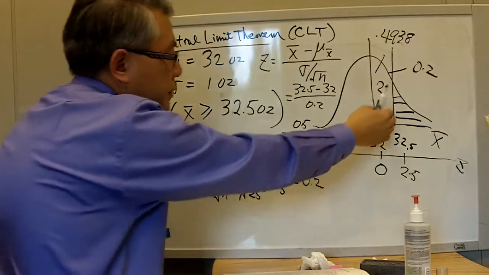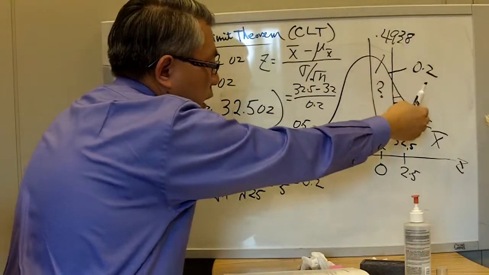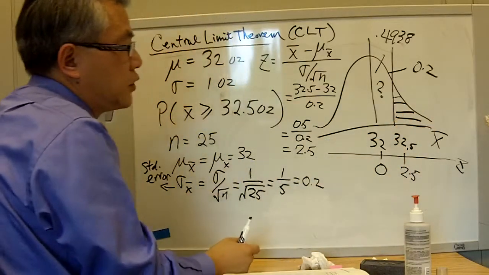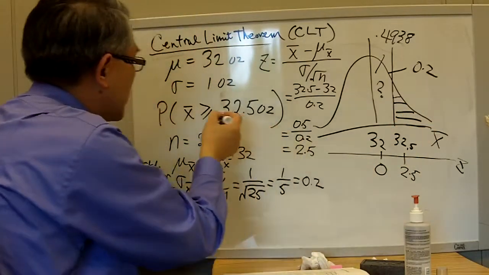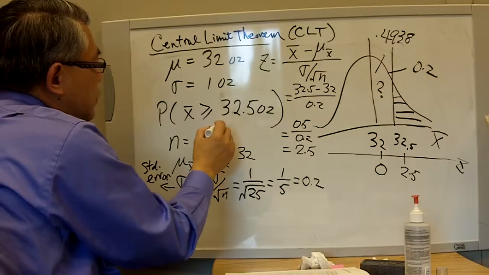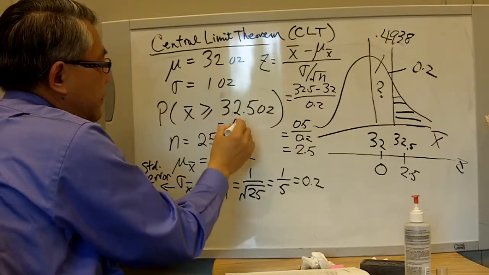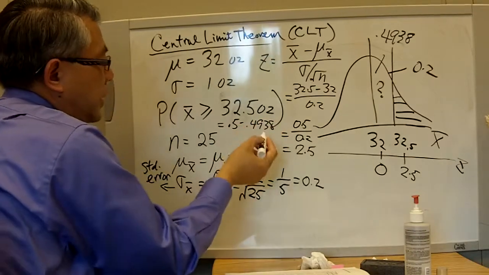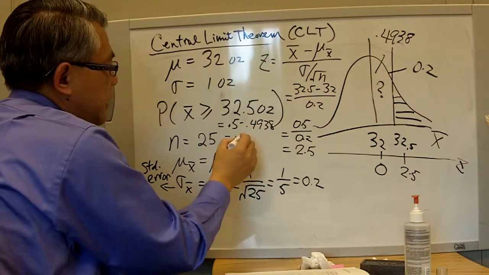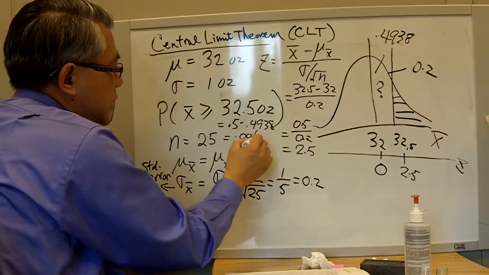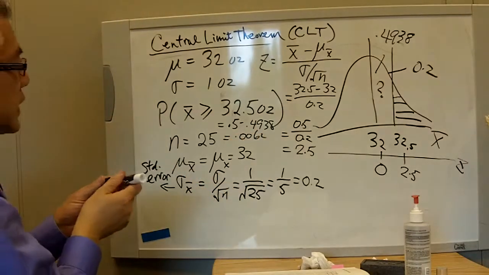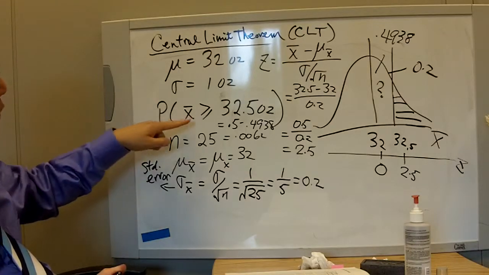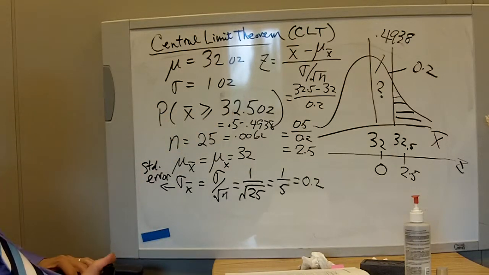Graphically, we probably should not have drawn a lot more here, because 32.5 would be 2.5 standard deviations away. So going back to the question, the answer in this case would be 0.5 minus 0.4938, which is 0.0062. So there's less than 1% chance that we're going to have an X bar greater than 32.5 ounces.